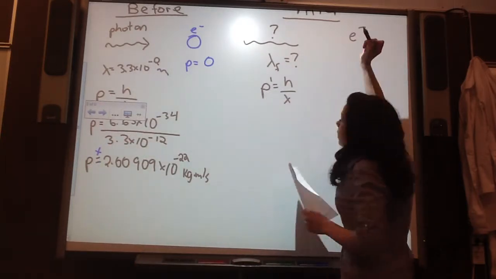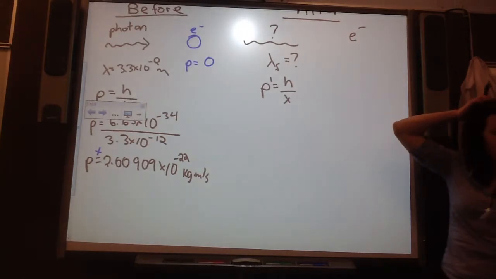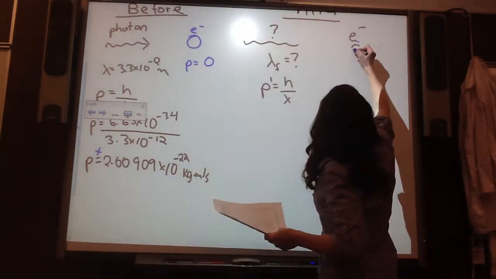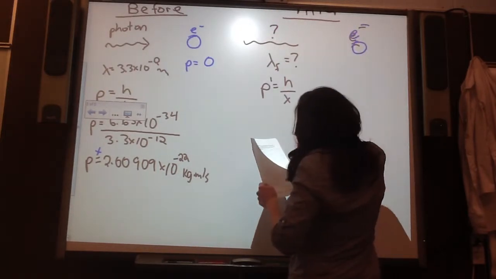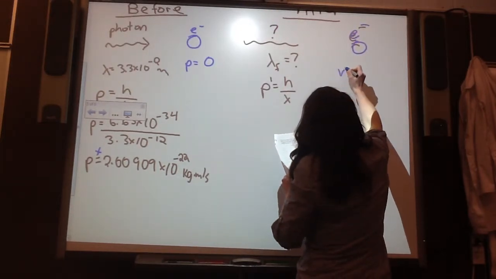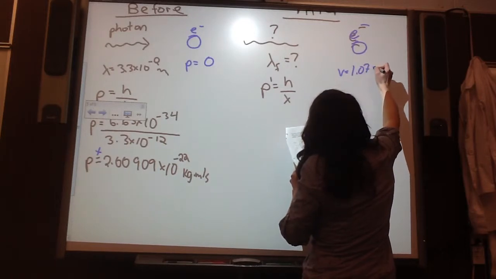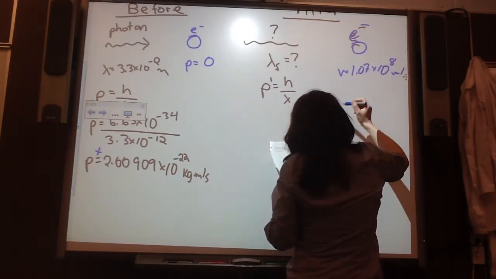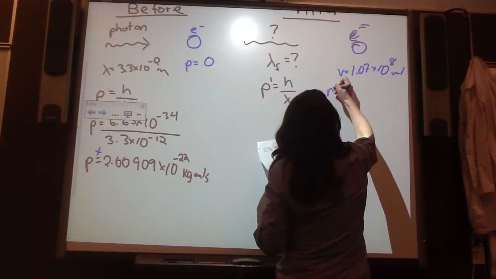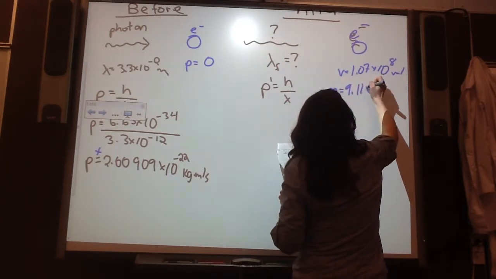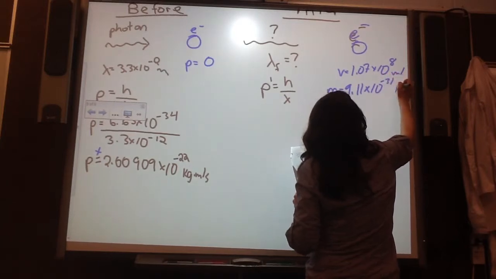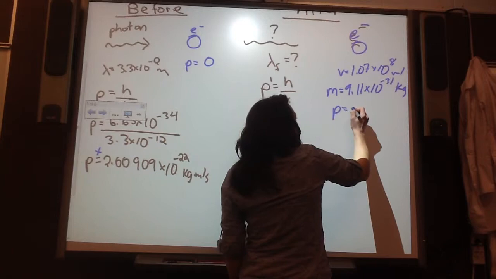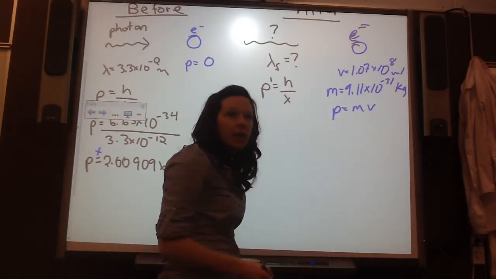Now, I am told some more information about my electron, though. I'm going to put it in blue. I am told that its velocity is 1.07 times 10 to the 8 meters per second. And I know its mass, 9.11 times 10 to the negative 31. Since it's an electron, you can use P is equal to m times v.